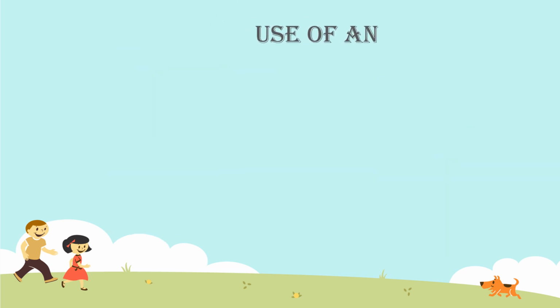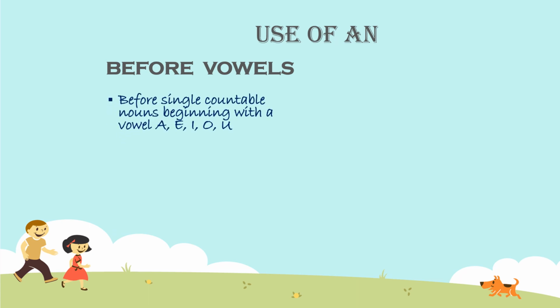Now see the uses of an. An is used before vowels. In the English alphabet, we have 26 letters. Out of those 26 letters, 5 are known as vowels.